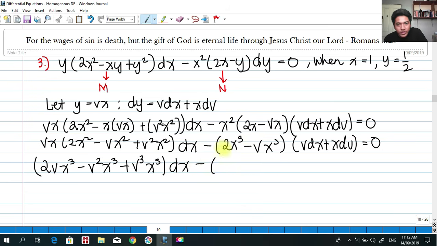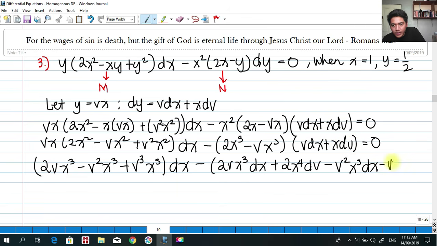Minus, I'm going to distribute this onto this: 2x cubed times v dx is simply 2vx cubed dx. 2x cubed times x dv, you can also perform FOIL, is plus 2x to the 4 dv, and then negative v squared x cubed dx, and finally the last, negative vx cubed times x dv, is negative vx to the 4 dv, equals 0.